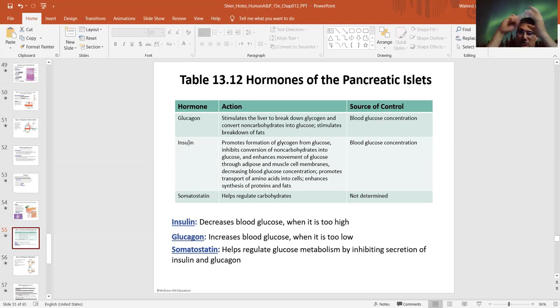Whether you take it from the blood and push it into the cells, or you take it from the blood, put them together, and make something else out of it, it's away from the blood anyway. So in both cases, it's going to decrease blood glucose level, but how? This is extremely important. So this is insulin, and the most important thing is those two functions.